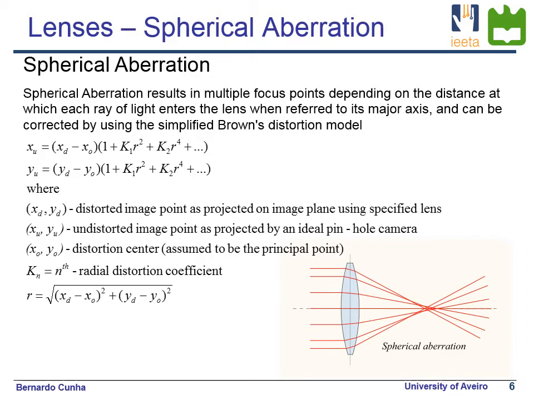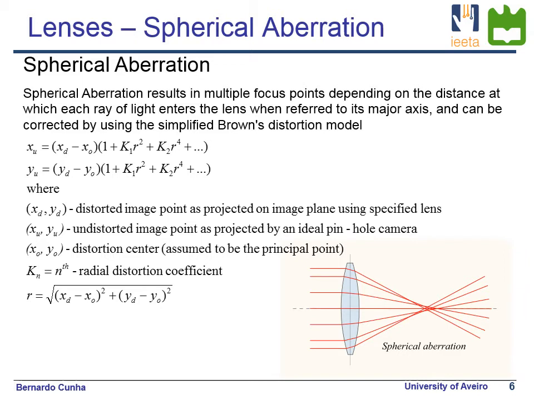And X0 and Y0 is what we call the distortion center, assumed to be the principal point. The principal point is the point where a vector of light which is normal to the plane of the center goes through the pinhole and hits the sensor.